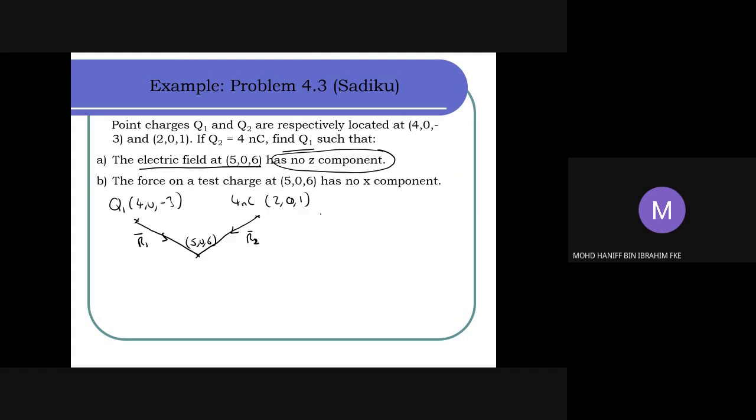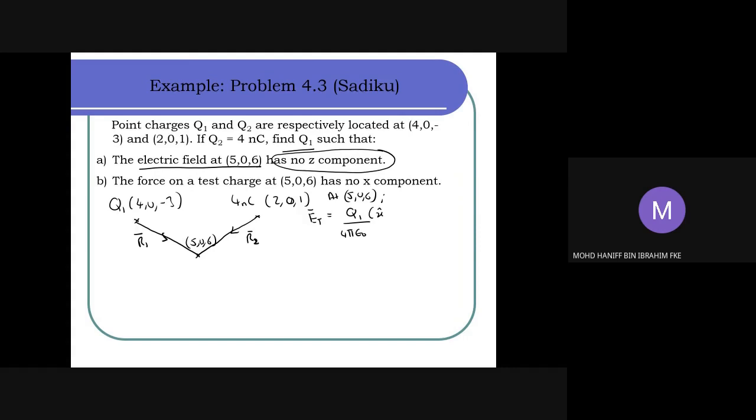From here we can see the total electric field produced at (5, 0, 6) will be equal to Q1, which is unknown, divided by 4 pi epsilon naught, times the vector R1. You can calculate this from the initial point to the end point. So 5 minus 4, that is the X direction.